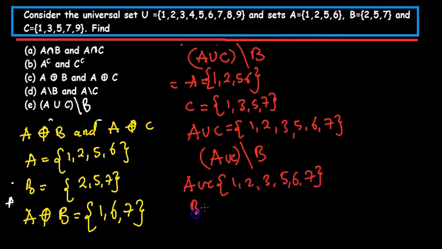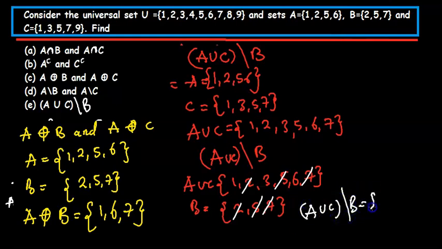And our B here is 2, 5, and 7. Notice that we have 2 in common, we have 5 in common, we have 7 in common. Therefore, the difference of A union C with respect to B is simply going to be 1, 3, and 6.